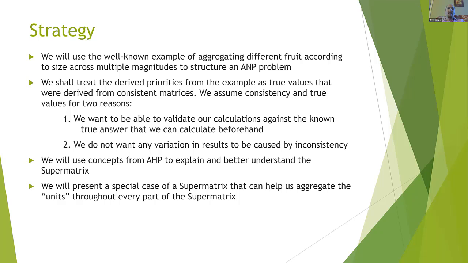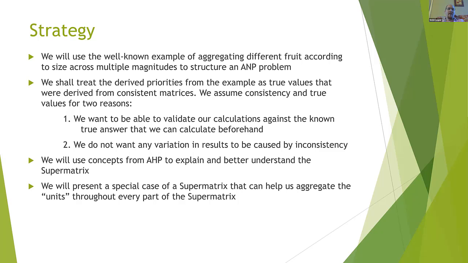In this case, we're going to look at Saaty's example of aggregating fruit across different sizes and multiple magnitudes. We're going to do this for two reasons. We want to be able to validate our calculations against a known and true answer. And we're not going to introduce inconsistency or anything like that at this point, so that we can clearly explain the variations in this context.